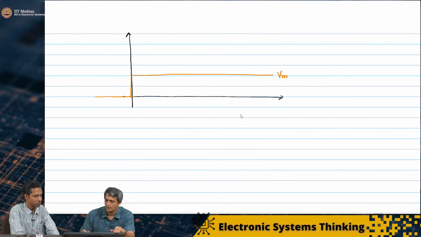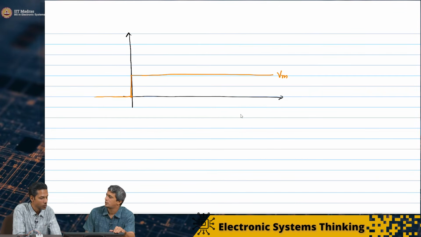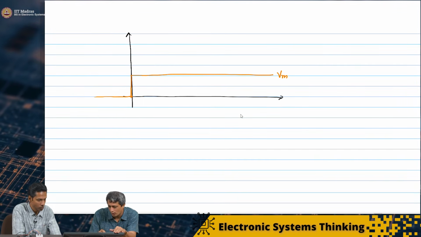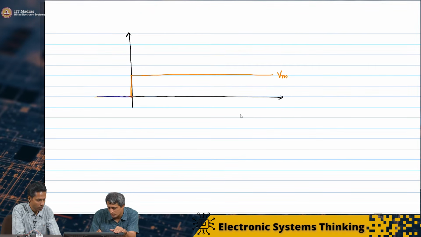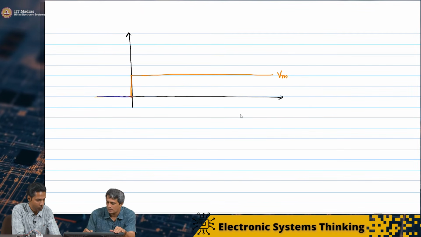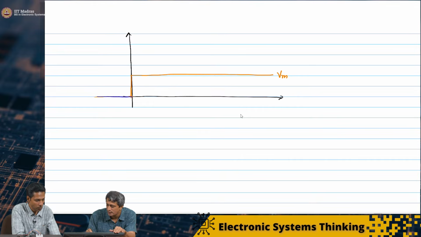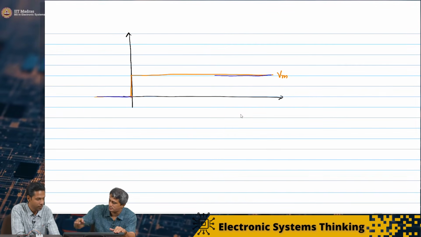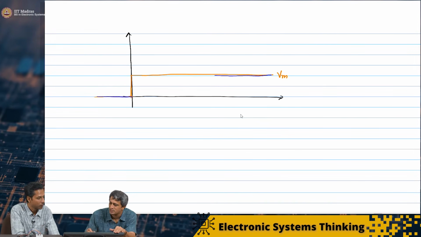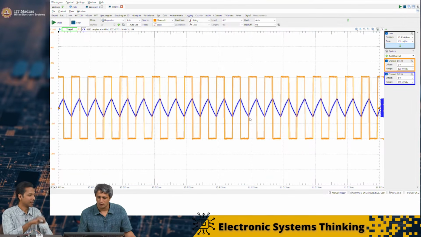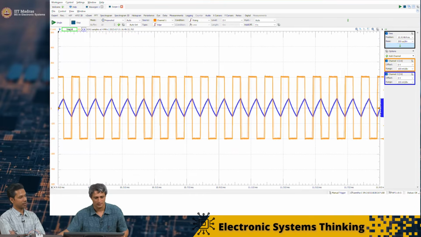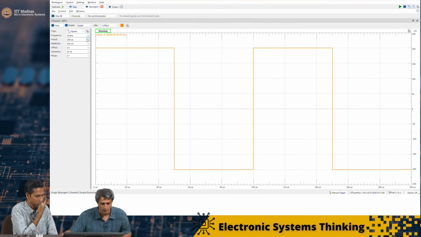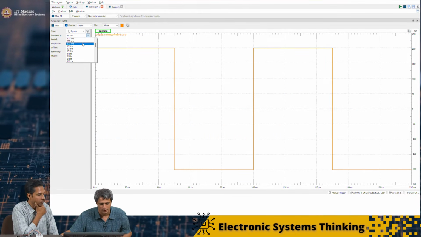Now the blue is my Vc of t. Before 0, it's going to be 0. At infinity, somewhere here, we know it's going to follow this Vm and it will merge eventually. What happens in this period? That's probably why we should look at this waveform. We'll also look at the waveform to get a picture.